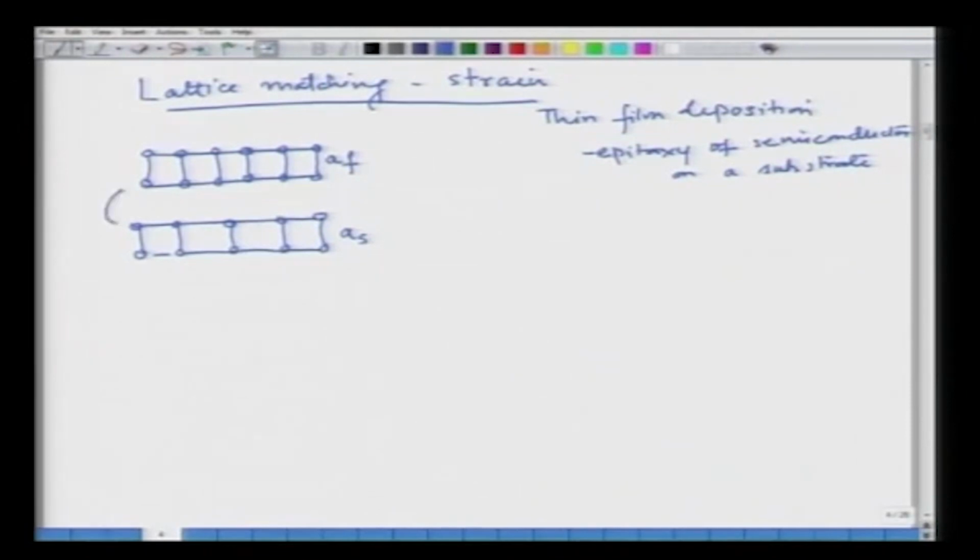One is that the material joins without any change, and if that happens, I will have a structure where my film has to go on top of this substrate, and it would try to take the shape of the substrate.